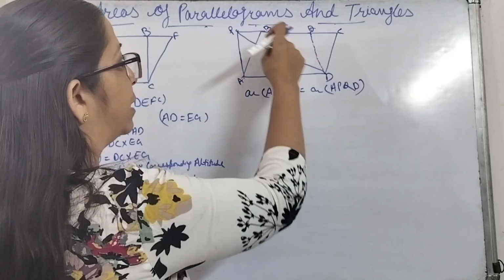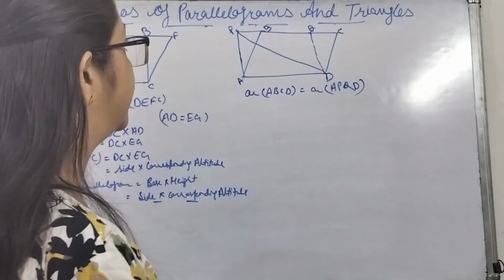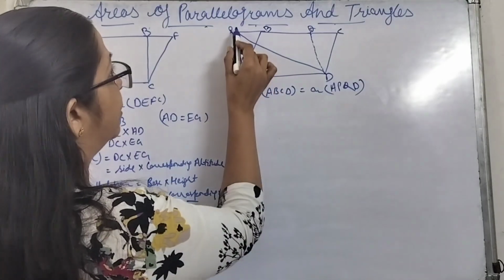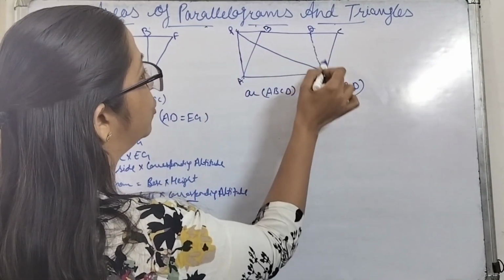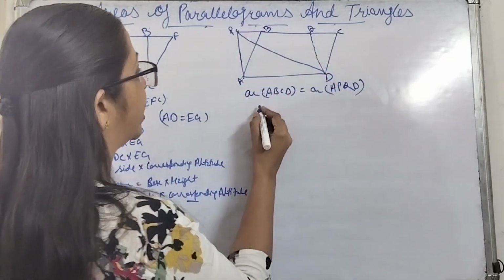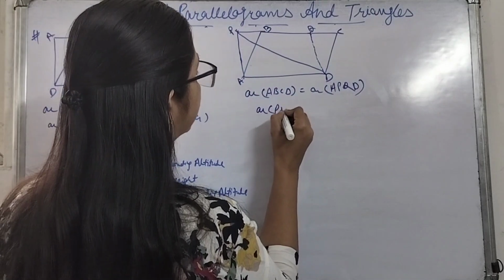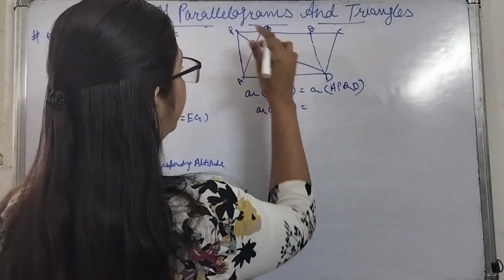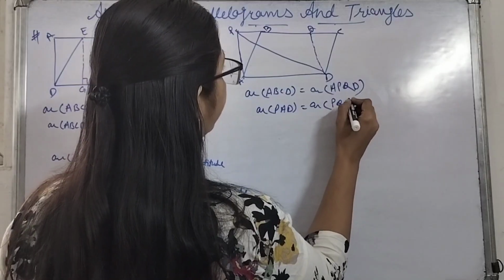So one triangle is APD and another triangle is PQD. These two triangles, PD is the diagonal. So area of triangle PAD will be equivalent to area of triangle PQD.